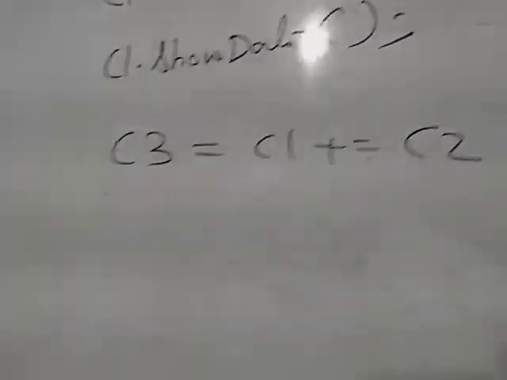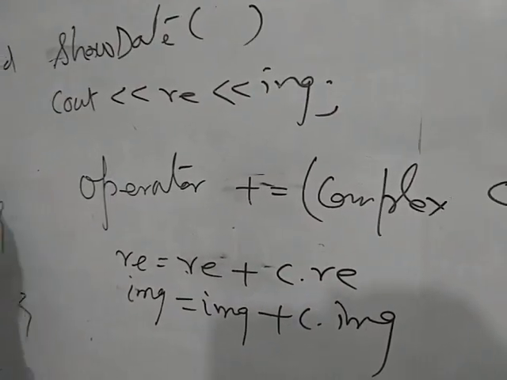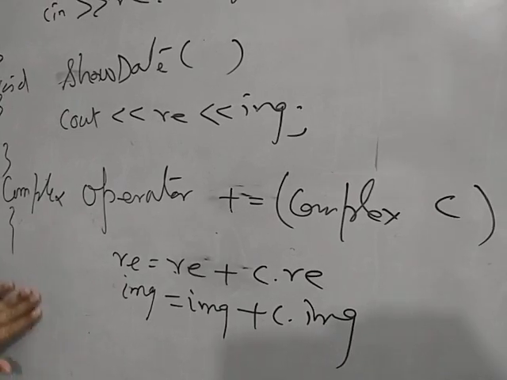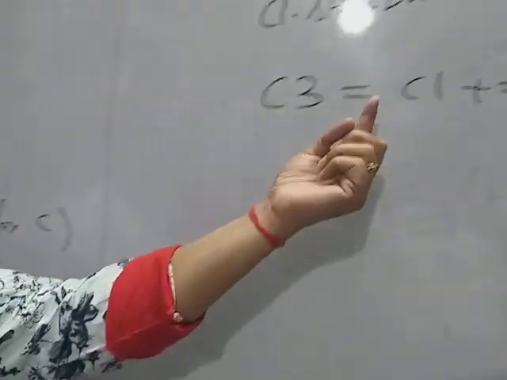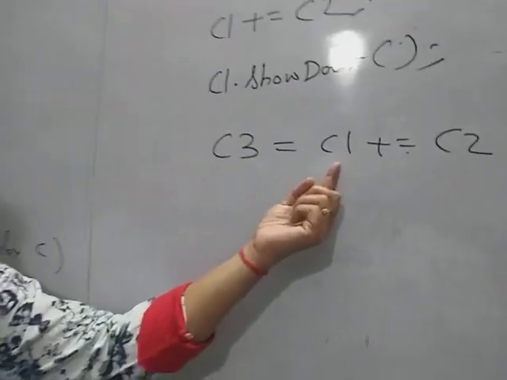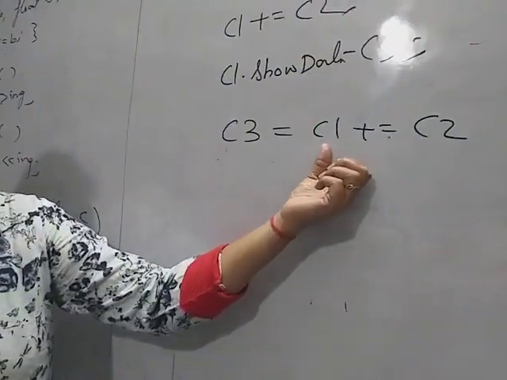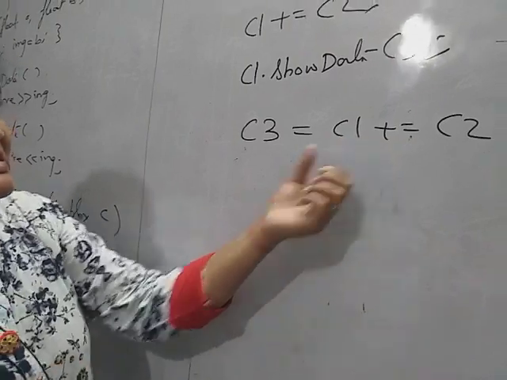So when we override it, it will return the object of complex, and it returns the implicit object. After performing this, it should return the implicit object which is passed.